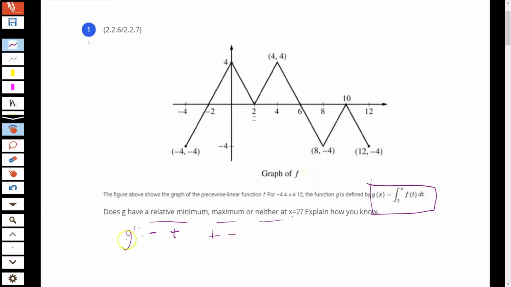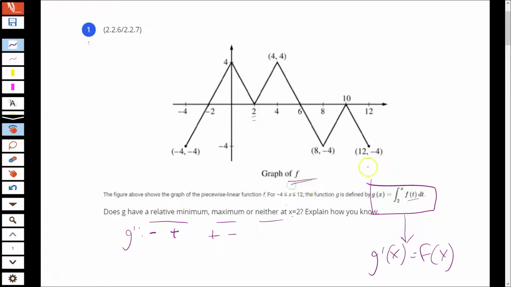So obviously we need to figure out what g prime is. We have g. Taking the derivative means this accumulation function sort of cancels out. So the derivative of an accumulation function is just whatever's inside the integral, the integrand it's called. g prime of x, we'd say, is just equal to f of x.